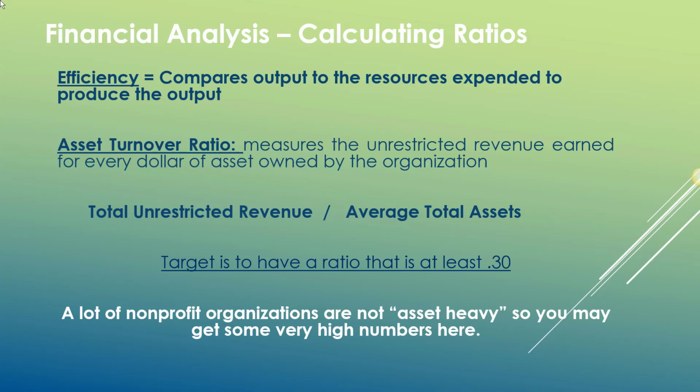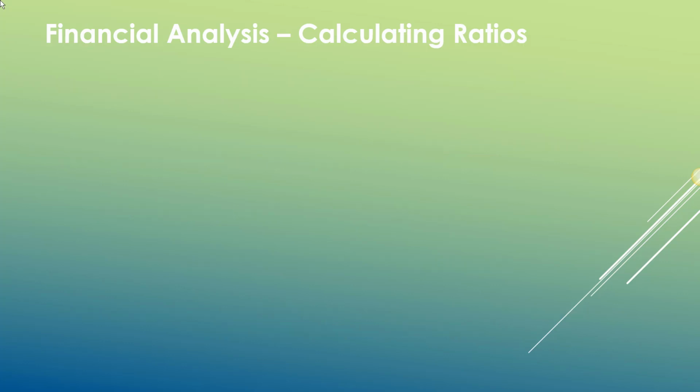So again, financial analysis is more nuanced. It's not just about calculating the number, but you have to have an understanding of the whole nature of the organization. Now we're going to talk about efficiency ratios.